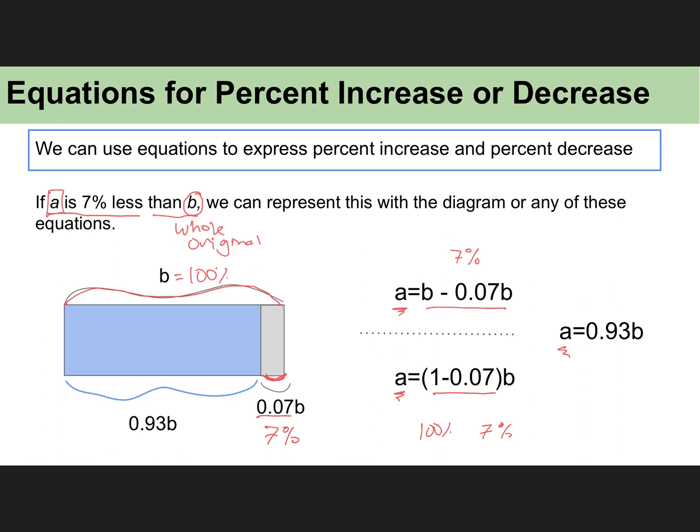So 1 minus these two. And what is 1 minus 0.07? Well, it's just 0.93. So my whole, my B, times 93% will give me this new piece that I'm trying to find here.